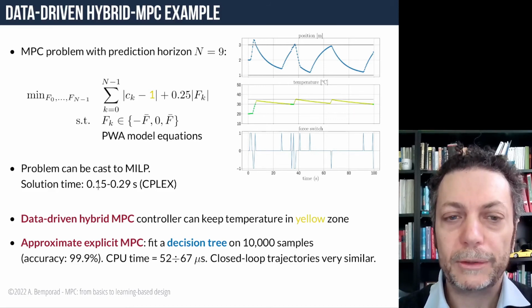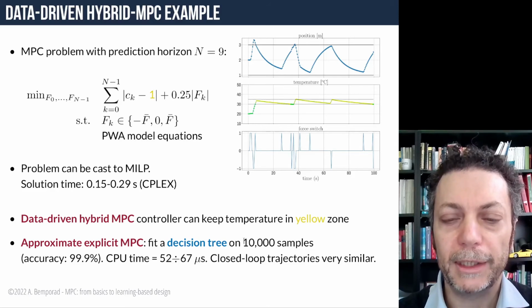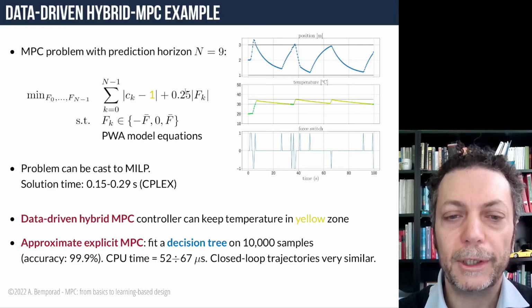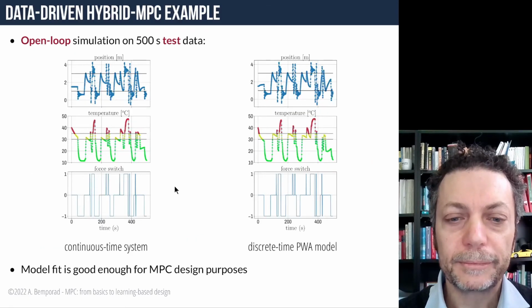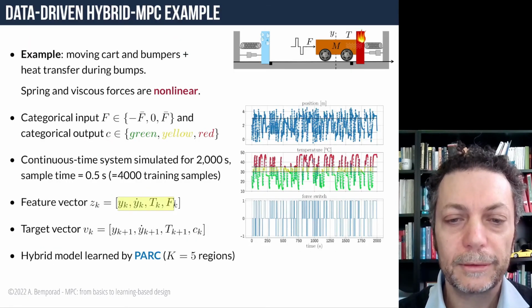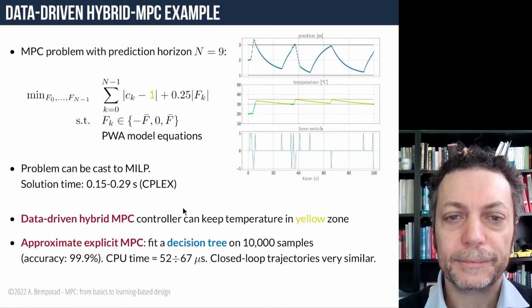If this is too complex to implement, what you can do is to generate offline data. So run the controller for random values of the state vector, and record the corresponding optimal input that is decided by MPC.